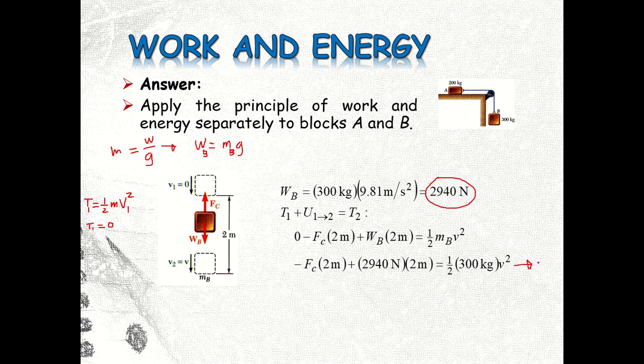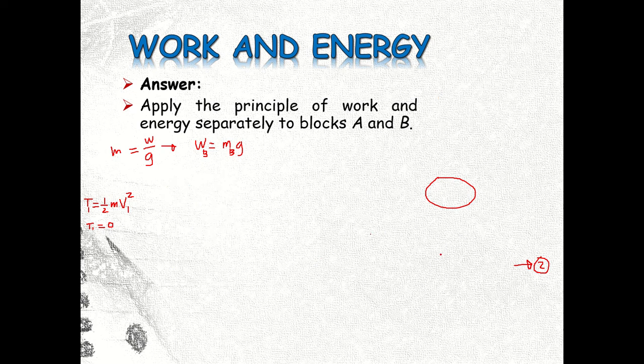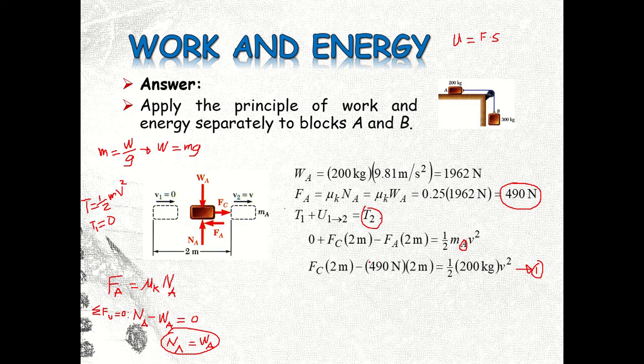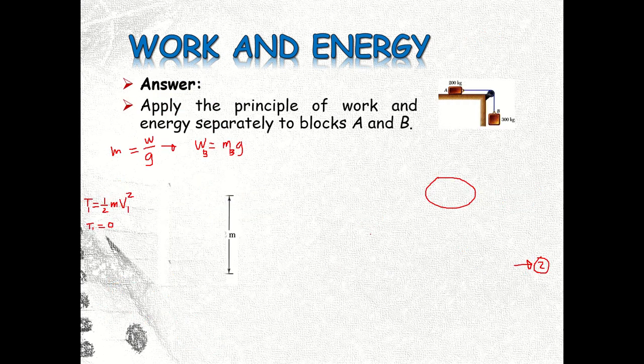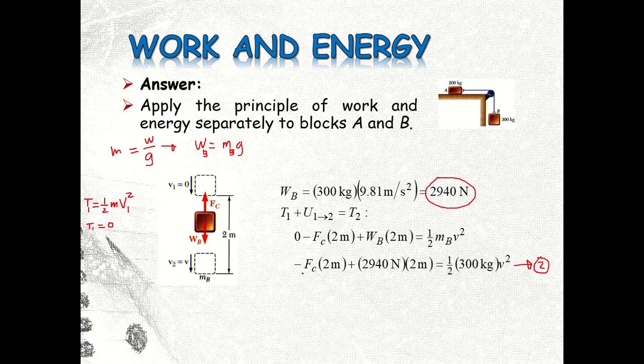And now when you combine equation 1 and 2, what will happen is that the Fc here, because our equation 1 also has Fc, Fc times 2 meters, that is positive. Here we have Fc times 2 meters negative.